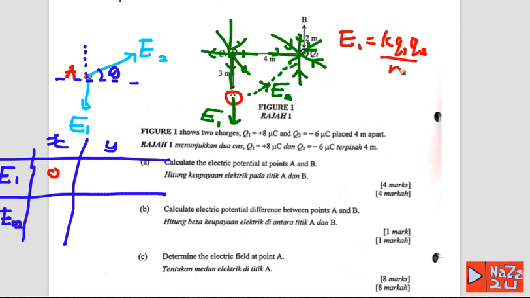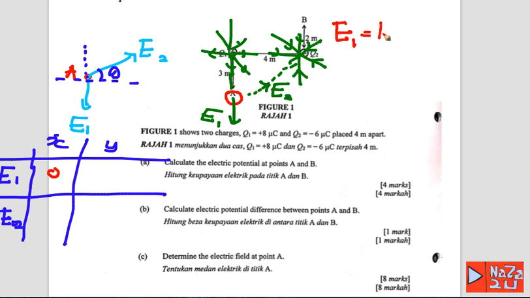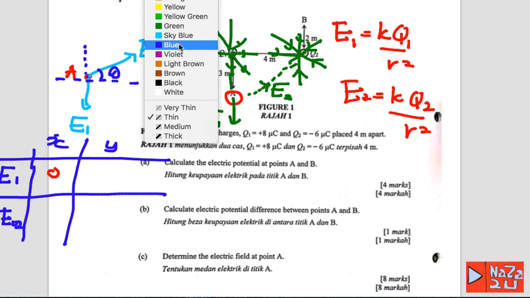Sorry, the electric field E1 is equal to kQ1 over r squared, and you can calculate E2 here as well: E2 is equal to kQ2 over r squared.